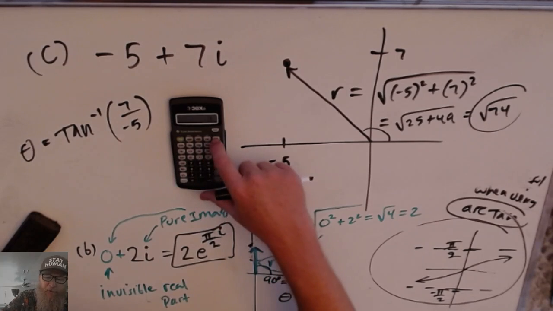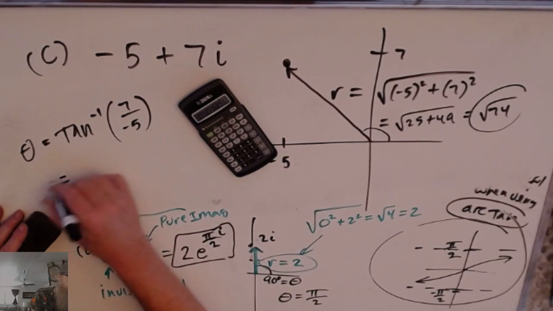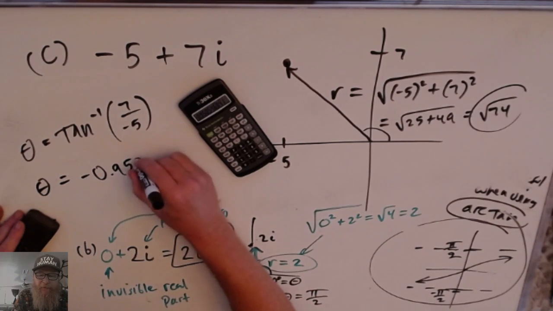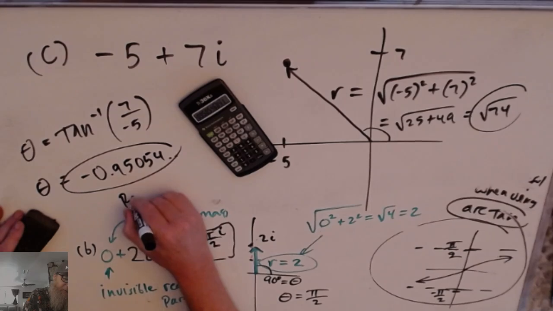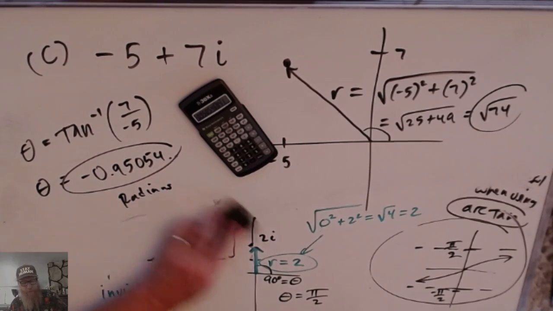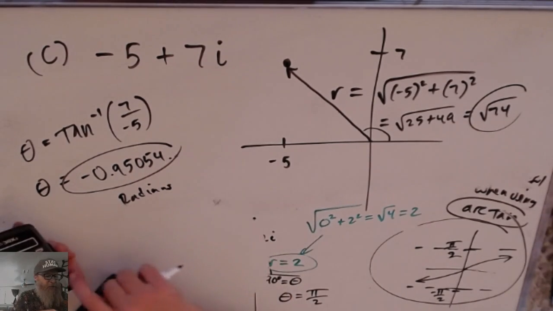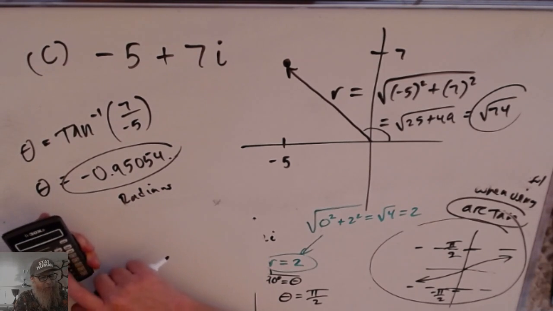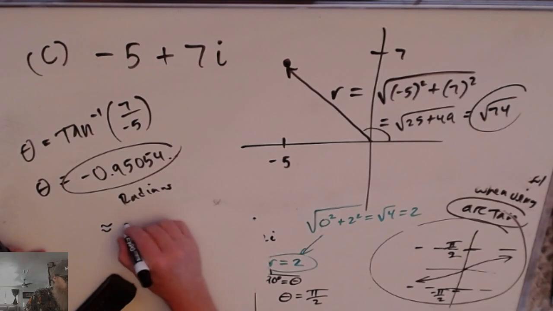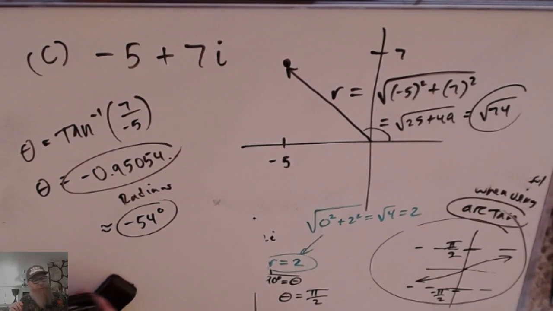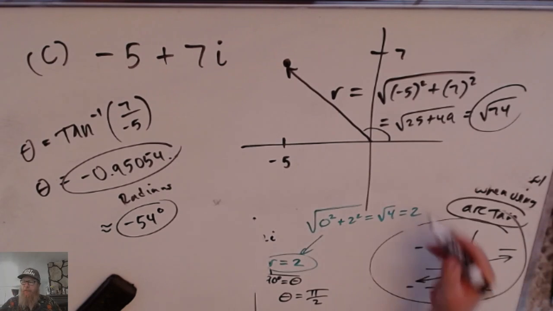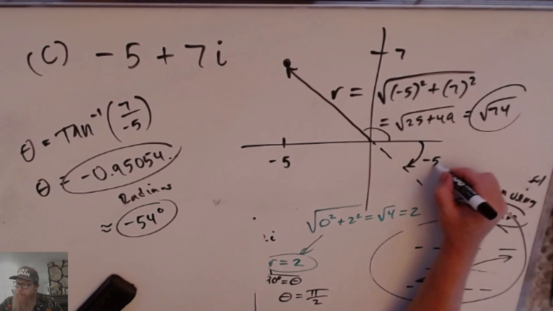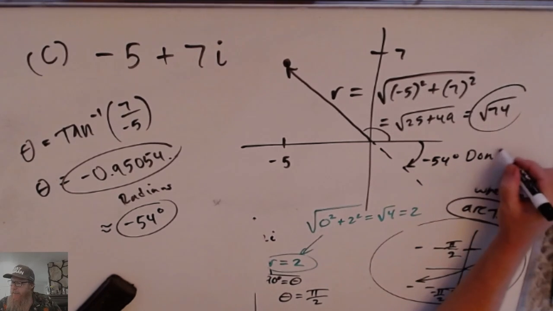And then I'm going to do my tan inverse and watch what it does. I have it in radian mode. It's going to give me -0.95054, blah, blah. This is in radians. If you prefer degrees, you can divide this by pi and multiply it by 180. It's about 54 degrees, approximately. So that doesn't make any sense, right? 54 degrees would be down here. So don't trust it.